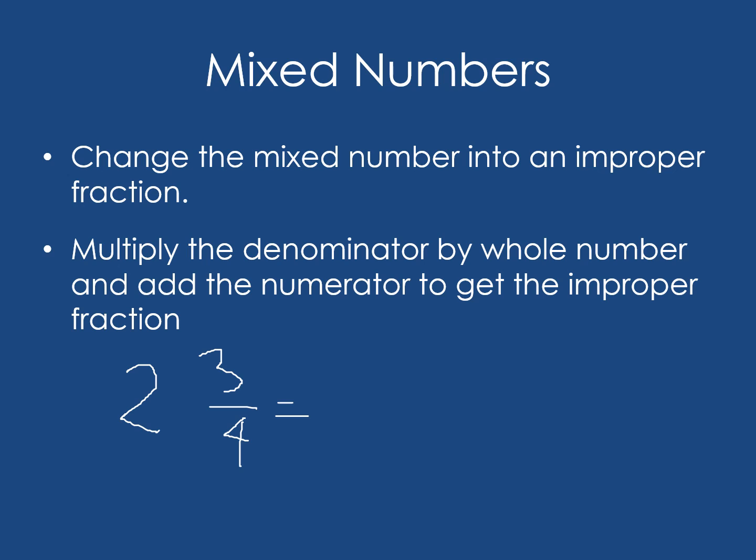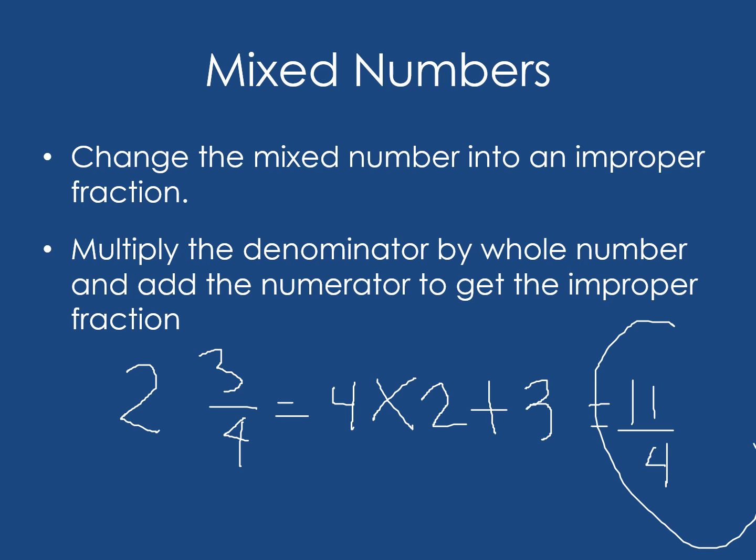So multiply the denominator, 4 times 2, add the numerator plus 3. So what is the answer? 4 times 2, 8, plus 3 is equals to 11. Copy the denominator 4. So this is now changing mixed numbers to improper fraction.